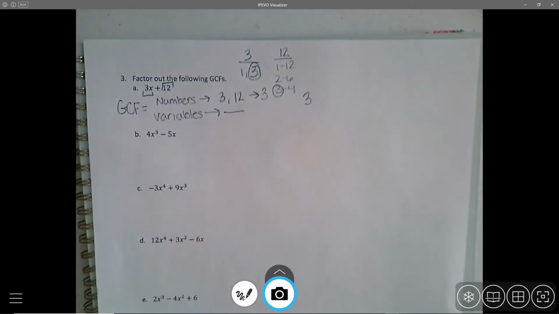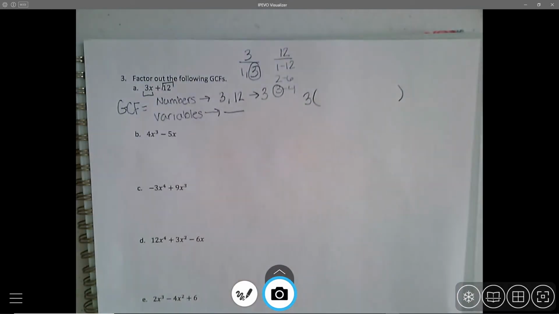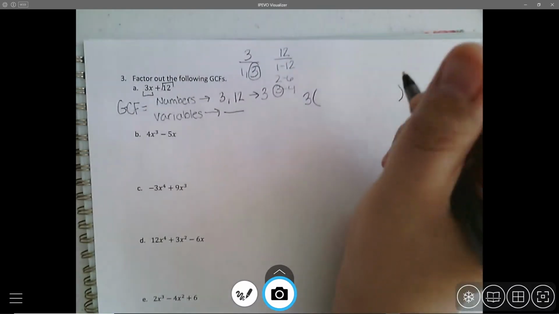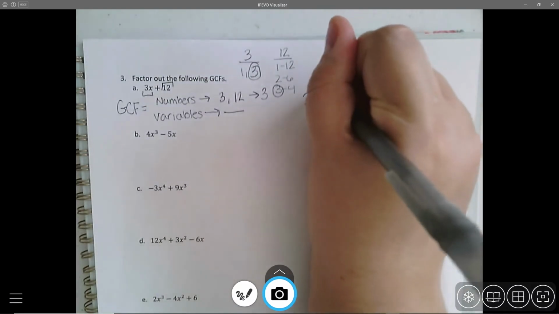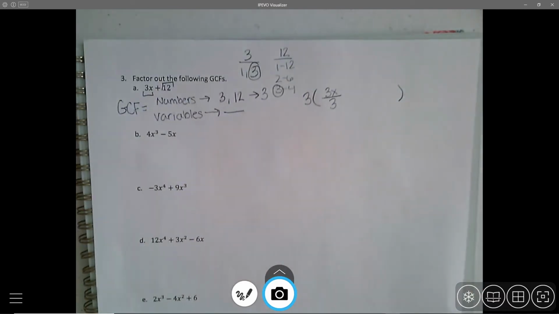How we factor with this GCF is you put the GCF right out in front. After your GCF, we're going to have parentheses, and inside the parentheses is what we get when we divide each term by that GCF. If I write it out step by step, we take 3x, the first term, divide it by that 3.